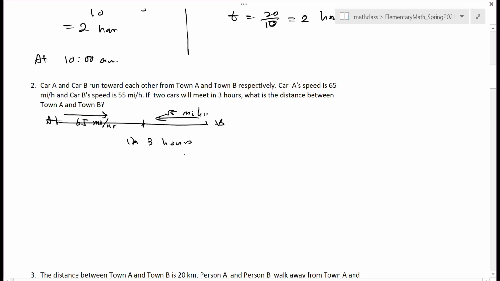So we want to find out the distance between A and B. Can you do that? How do you find the distance, like for one single car? When it travels, you know the speed, you know the time. Remember, the formula you need is distance equals speed times time.